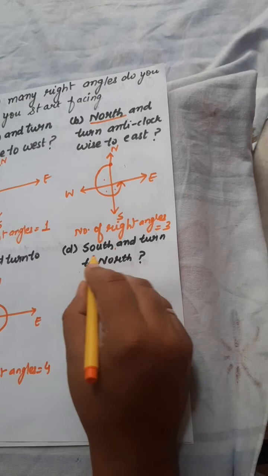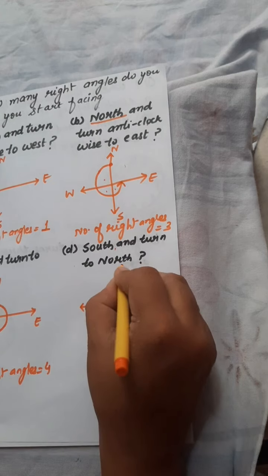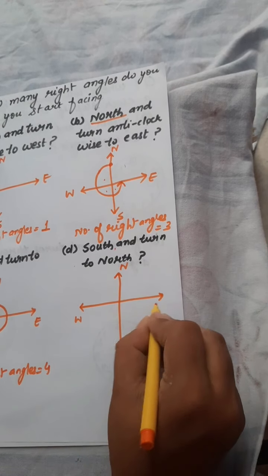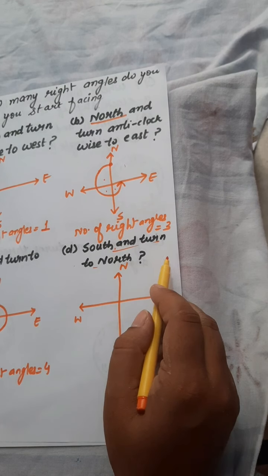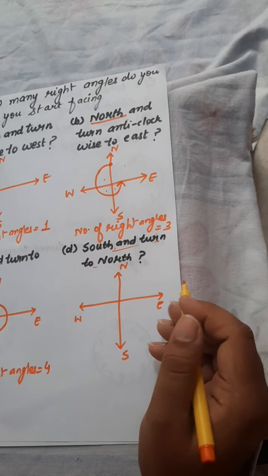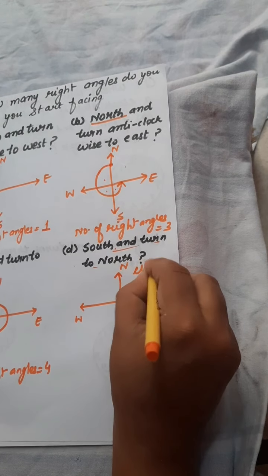Then next we have to start from south. North, south, west, east, and turn to north. And again in this case nothing is given, clockwise or anti-clockwise, so we will do clockwise.